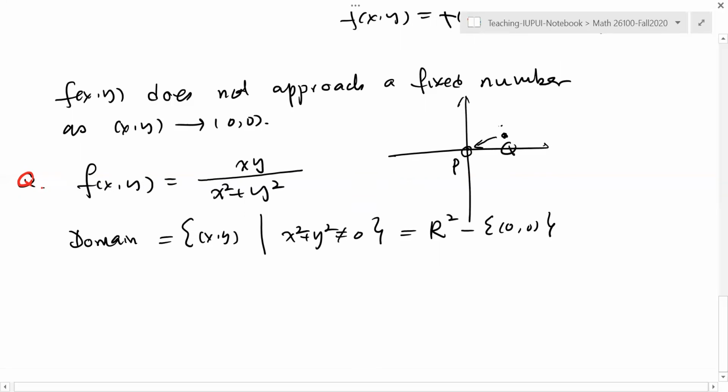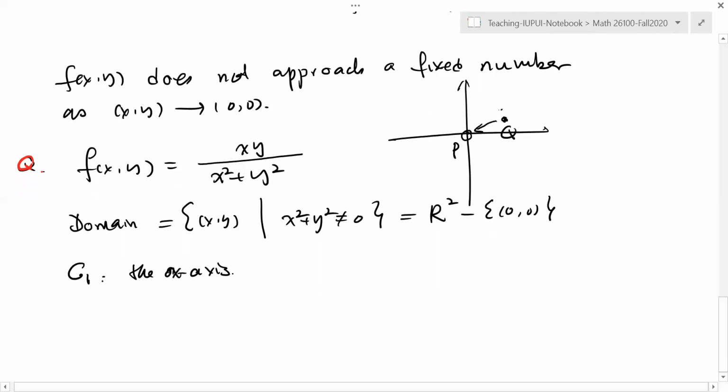I'm going to choose the x-axis first, but the next path is not going to be the y-axis. So first of all, let's look at C1, the x-axis.